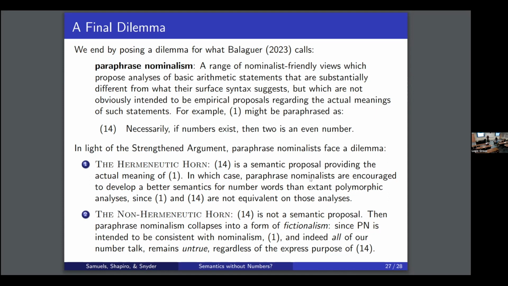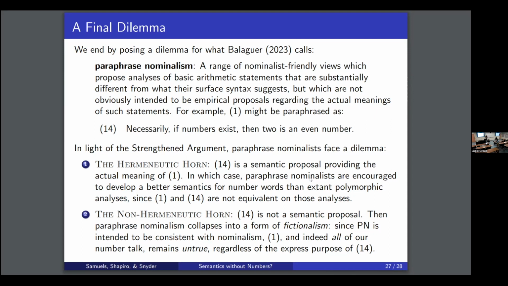Why? Because these two sentences, the first one and this one, are not close to being truth conditionally equivalent on any plausible semantic analysis. So what you're saying is that all extant semantic analyses are incorrect. Good. You're encouraged to develop your own semantic analysis, which does at least as well as all extant ones. Let's see it. This is the put up or shut up sort of response. Presumably, they're not going to do that.